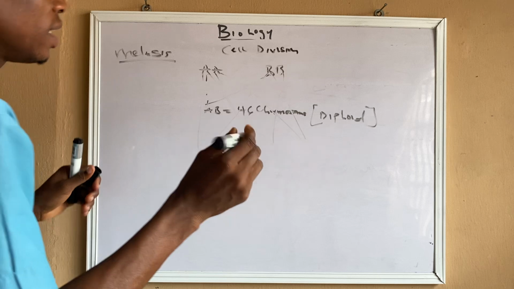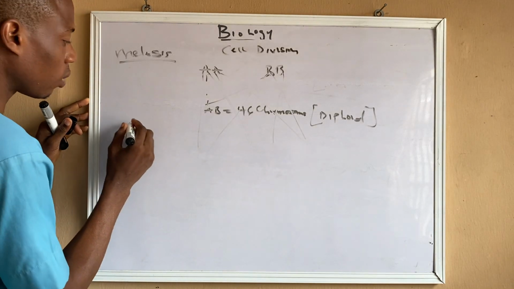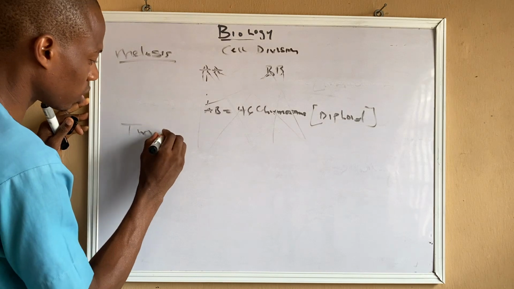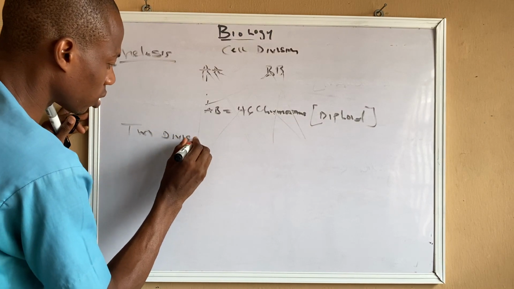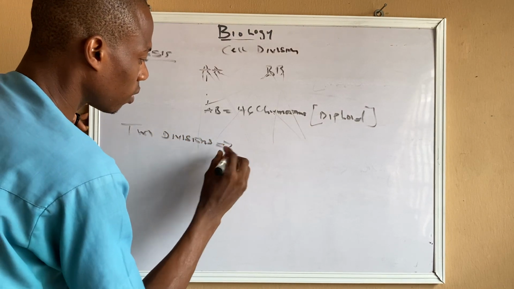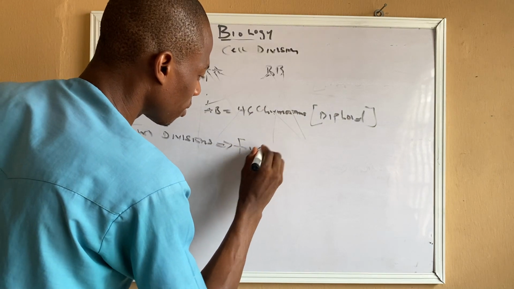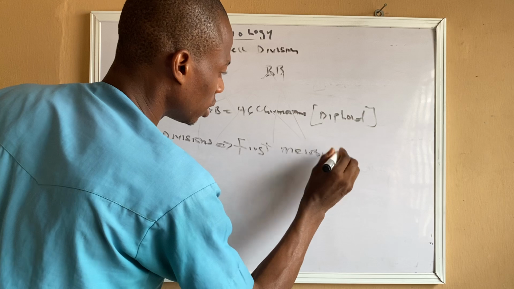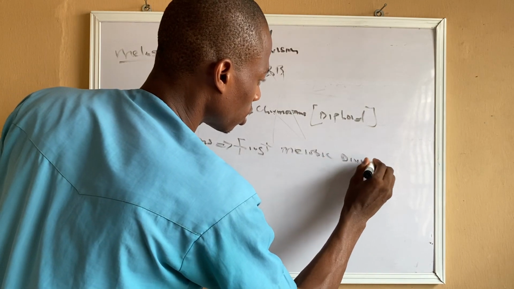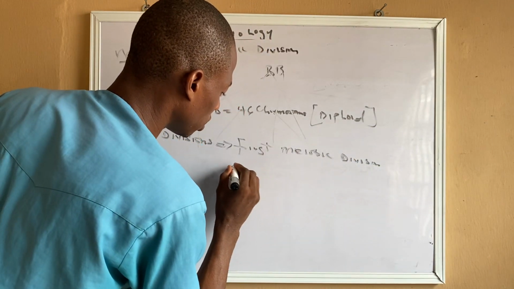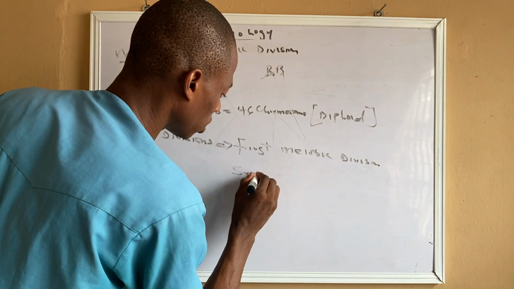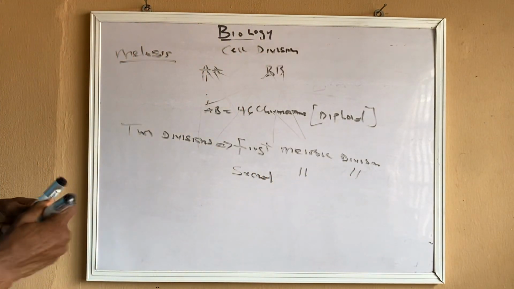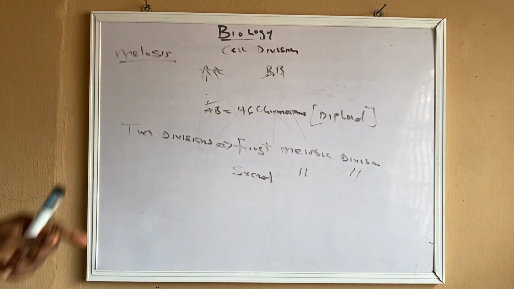And that's what in meiosis, there are two divisions. One, first meiotic division. Second meiotic division. There are two processes like that.